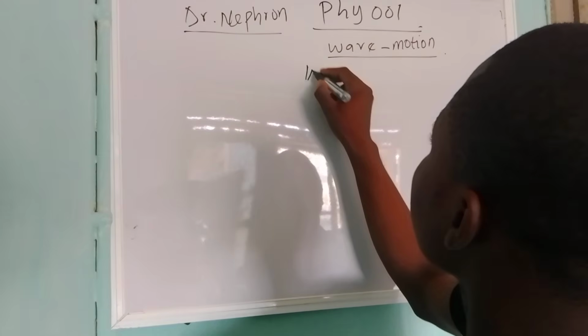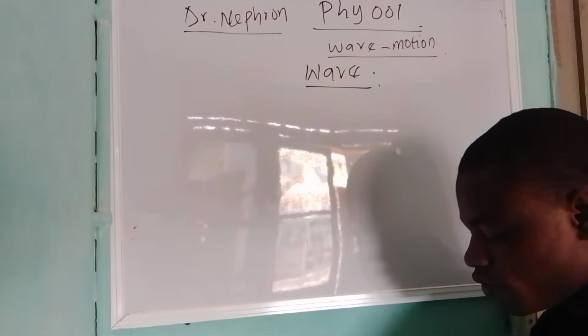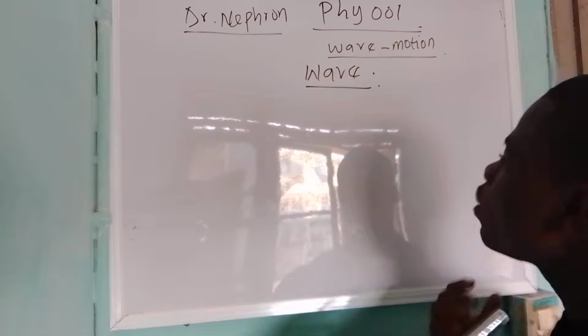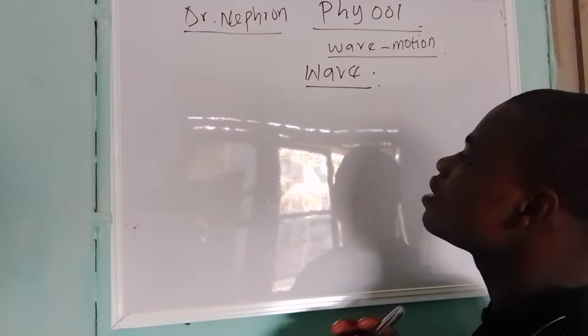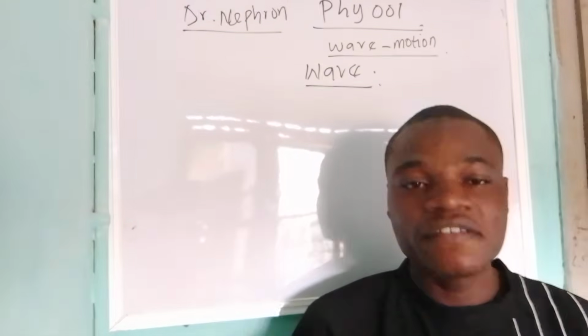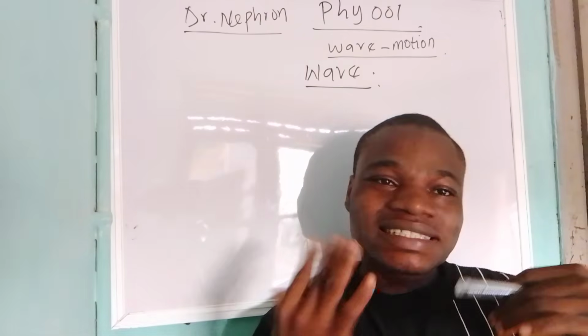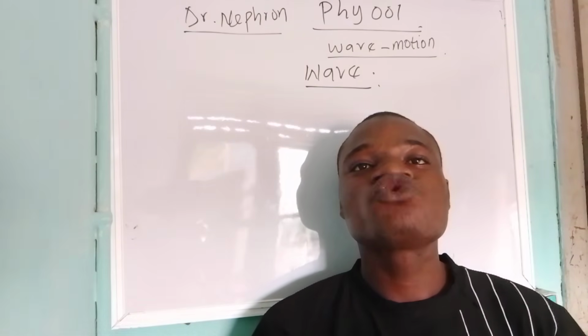Now, let's continue. Wave motion. What is the definition of wave? A wave can be defined as a disturbance that travels from one point to another.